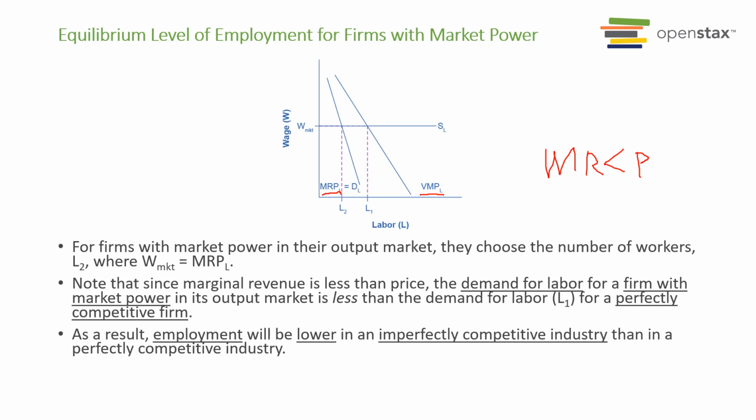In perfect competition, workers also get paid higher wages because their marginal revenue is more than the marginal revenue produced in a monopoly situation.